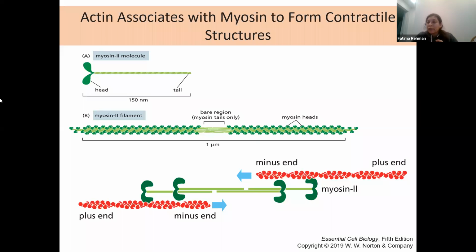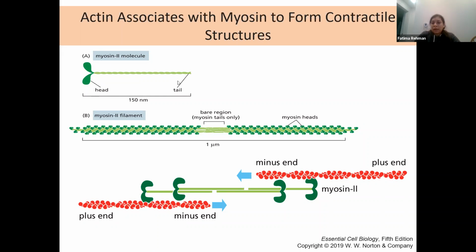If you look at individual myosin molecules, or the monomers essentially of myosin, they are composed of globular heads, like you've seen with many motor proteins, along with a long tail end that can bind to each other, and the heads are what are going to interact with the actin filaments to help it move.